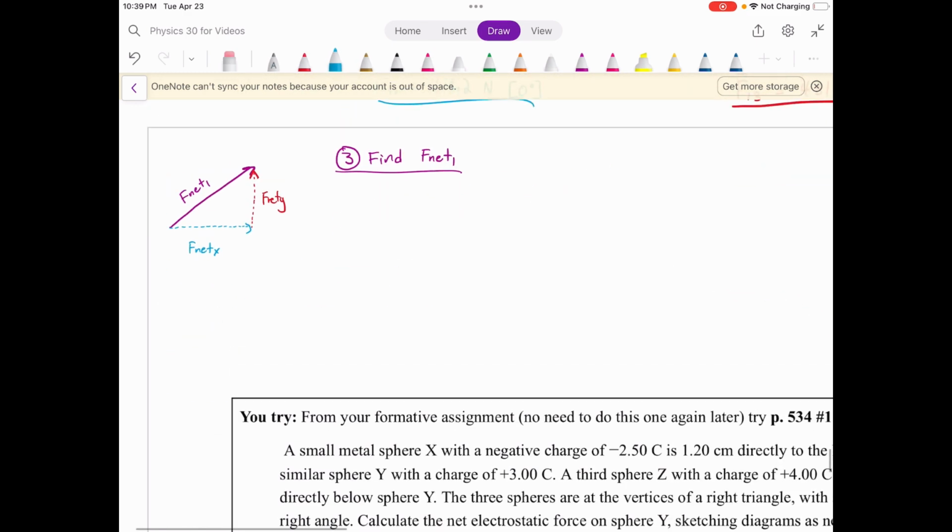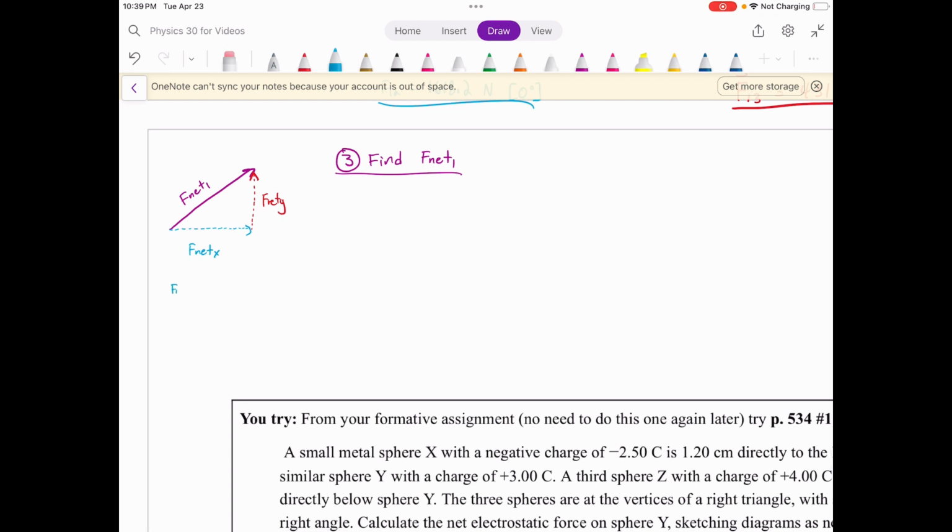It's just F12. I mean, how would we find F net x? We would add F12x plus F13x, right? The x components of each force. Well, F13x is 0, and F12 is all in the x-axis, right? So that's why they're the same.